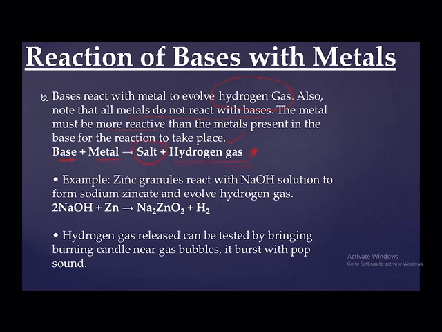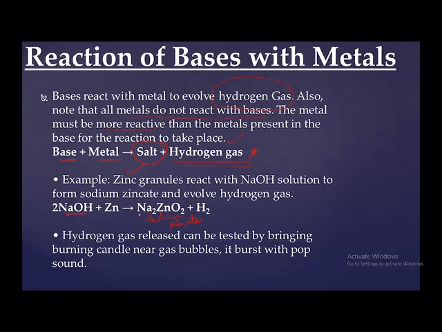The example is zinc granules. If we react them with the base sodium hydroxide, we form sodium zincate, Na2ZnO2. Na is sodium, and zinc oxide is there, so it is sodium zincate.